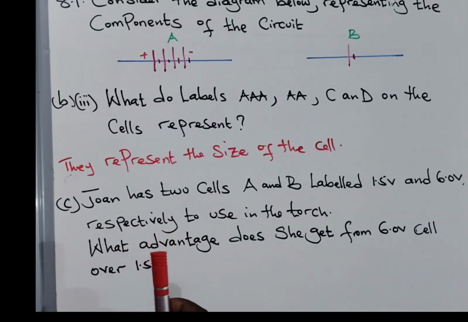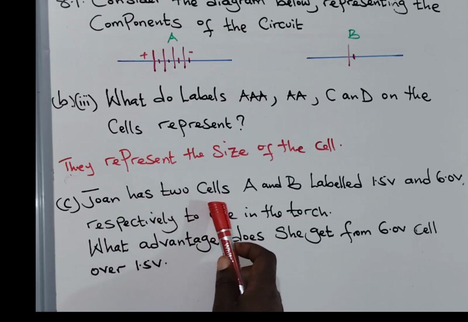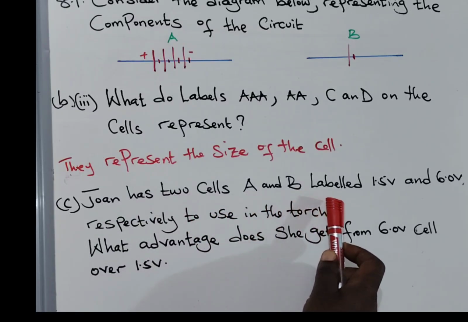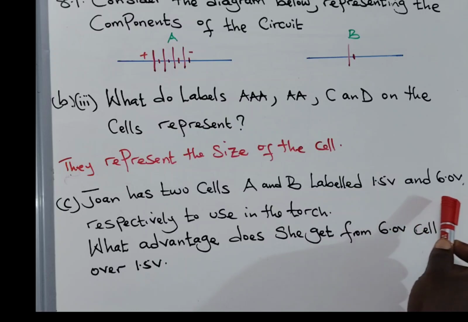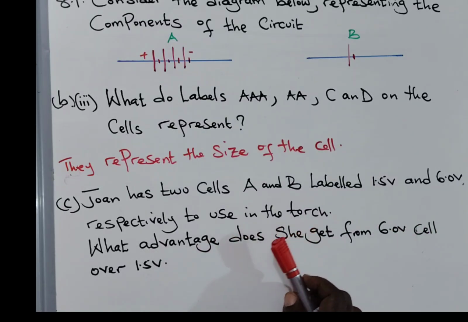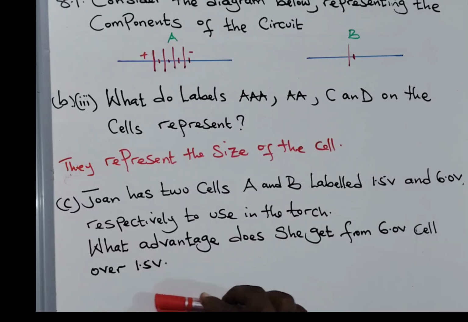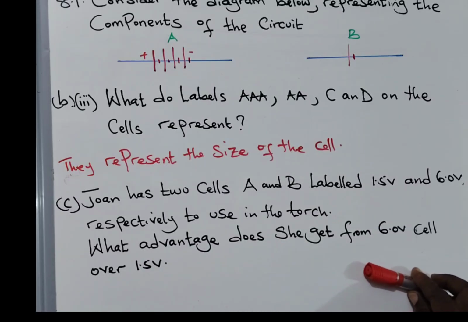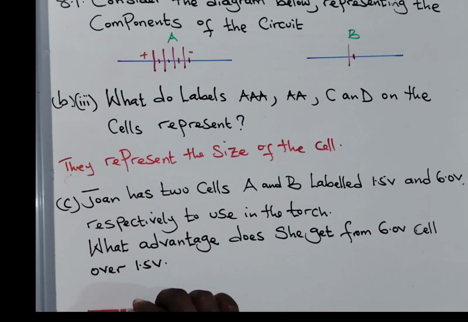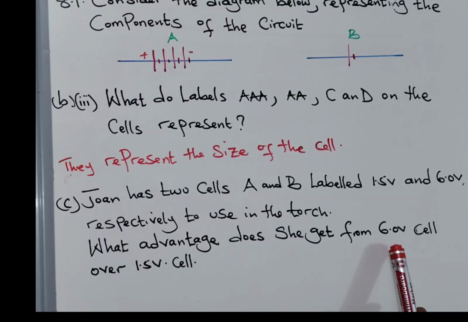So this question comes. It says, John has 2 cells, A and B, labeled 1.5V and 6V, respectively, to use in the torch. What advantage does he get from the 6 volt cell over the 1.5 volt cell?